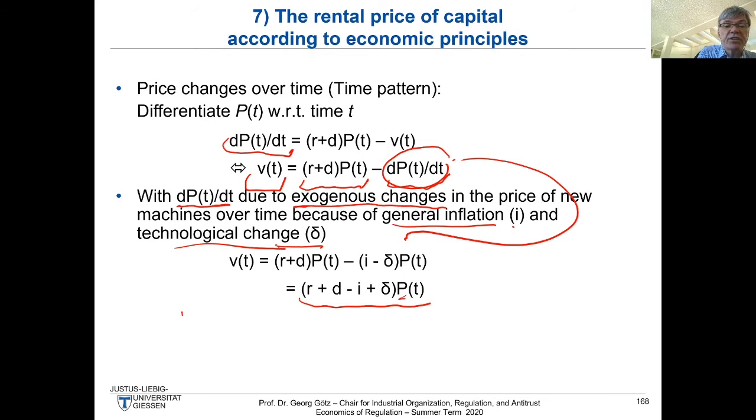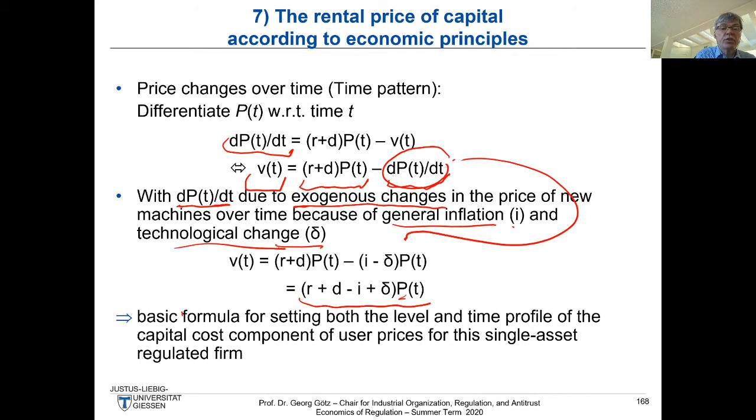There you have, in a sense, the interest rate and what is called the economic depreciation. Okay, interest rate plus economic depreciation, which is made of physical depreciation, but also the depreciation due to inflation, which would appreciate it, and technological progress.